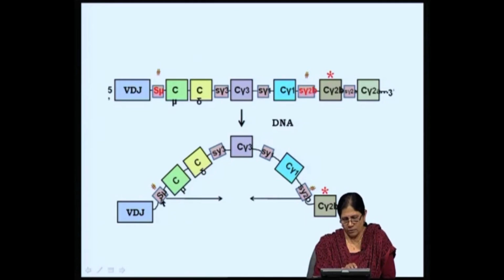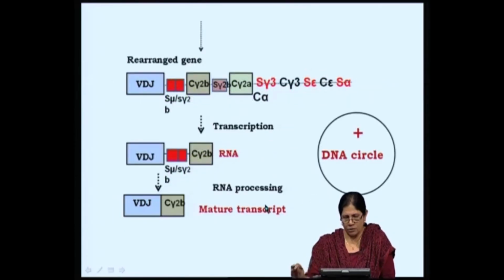Now, S mu and S gamma 2B come together and they join, and this becomes the rearranged gene again at the DNA level.